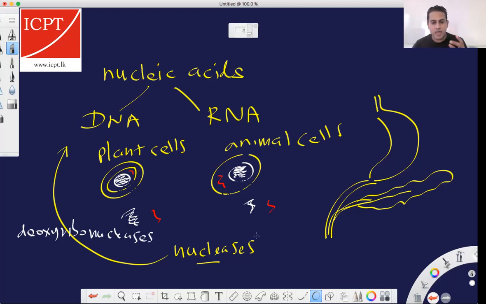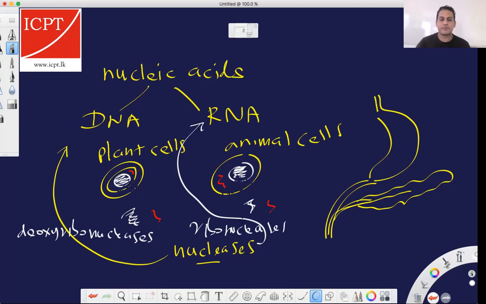Nucleases which act on the RNA level are ribonucleases. Nucleases acting on the DNA level, that means DNA is the substrate, the enzyme is deoxyribonuclease. Then the substrate is RNA, the enzyme is ribonuclease.